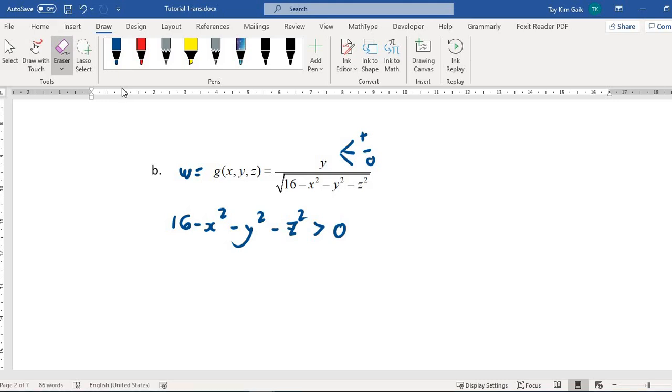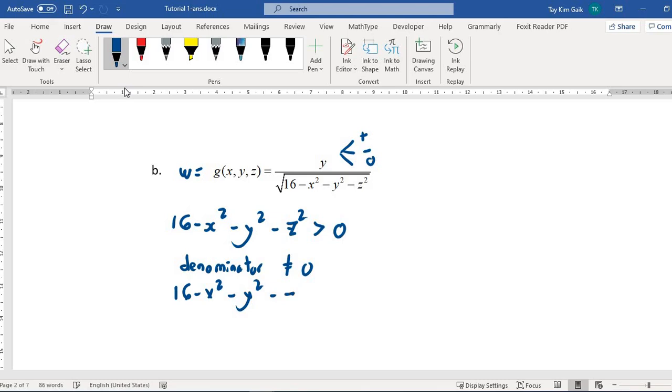Because the denominator cannot be equal to 0. If equal to 0, the function will be undefined.